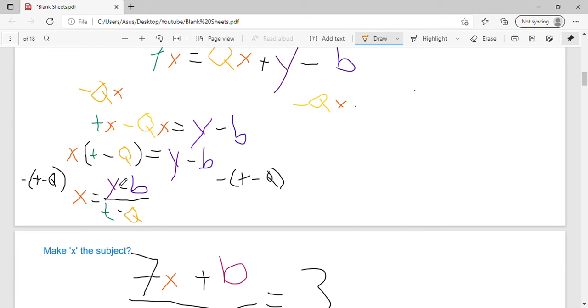And then look, we've done it. We've got x on its own. Maybe we know all of these values, so then we can find out the value of x. Alright?